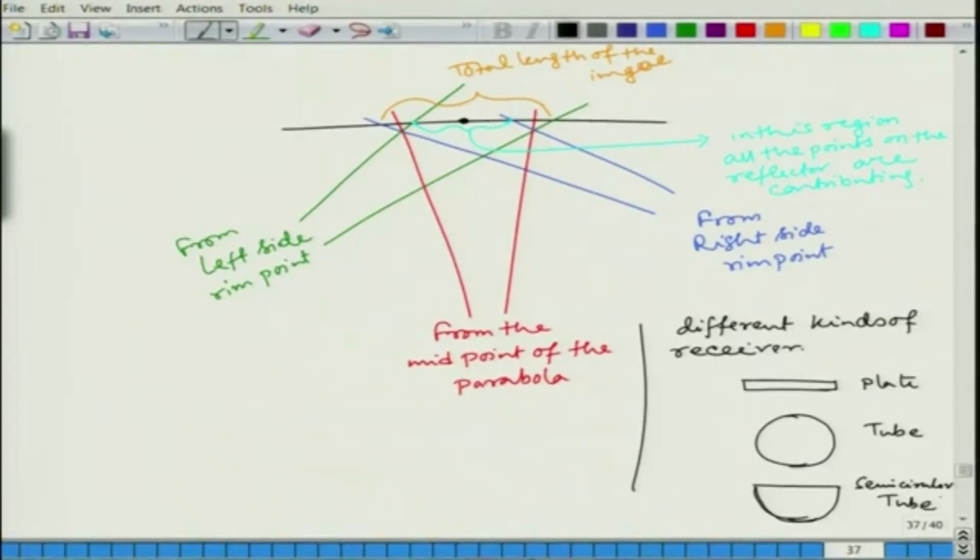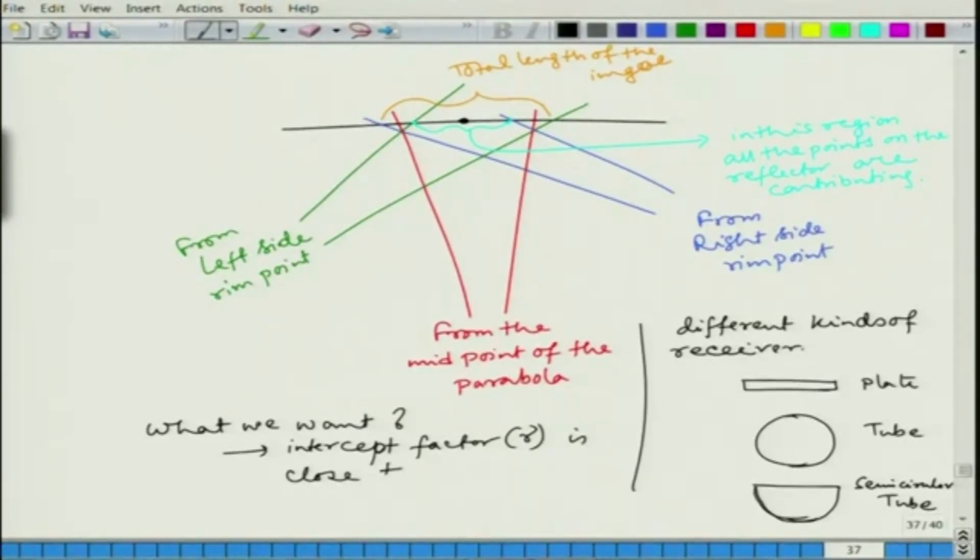So, these different kinds of receivers you can have, and what we want? We want that the interception is maximum. So, we want the intercept factor gamma is close to 1.